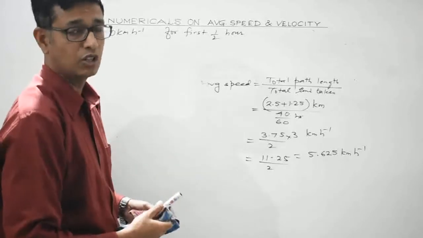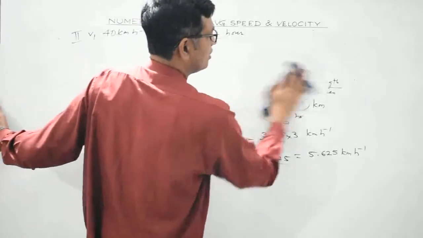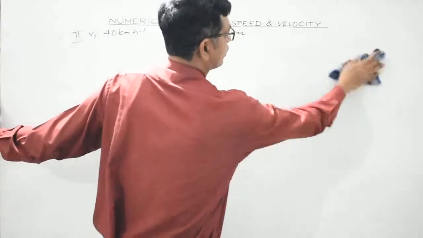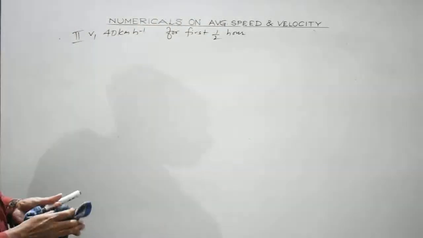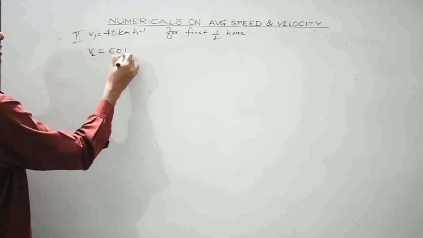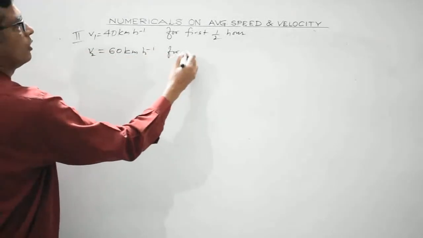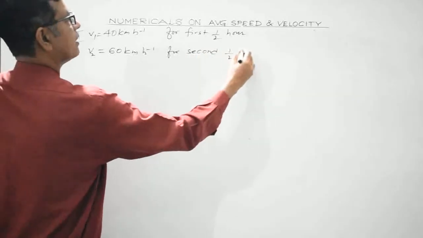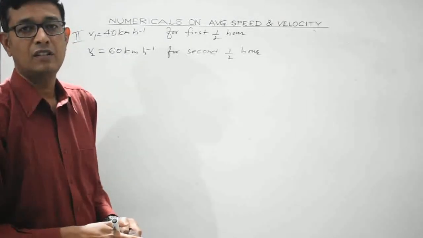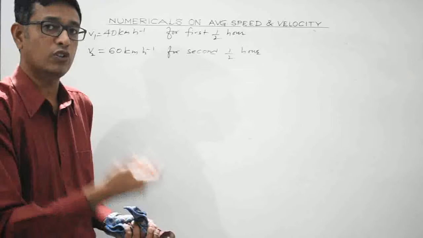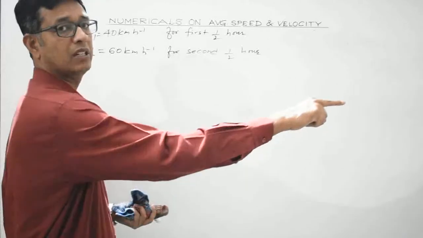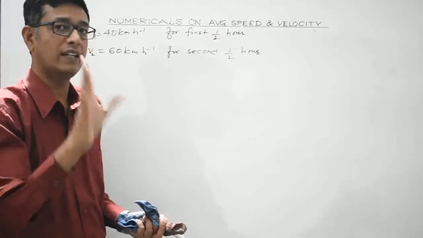A motorist or a person drives his scooter at a speed of 40 km per hour for the first half an hour. Right? And he drives with a speed of 60 km per hour for the second half hour. What will be his average speed and average velocity if the person is assumed to be moving along a straight path in the same direction? That is, consider the motion to be one-dimensional.